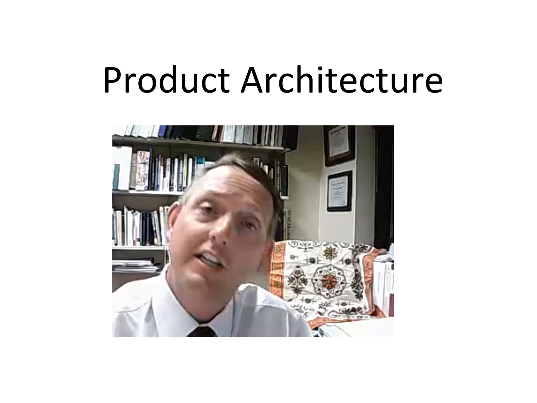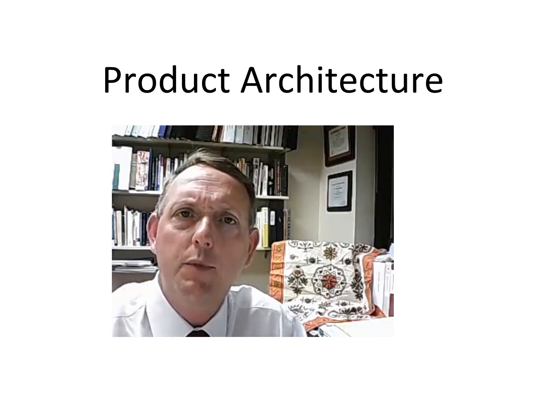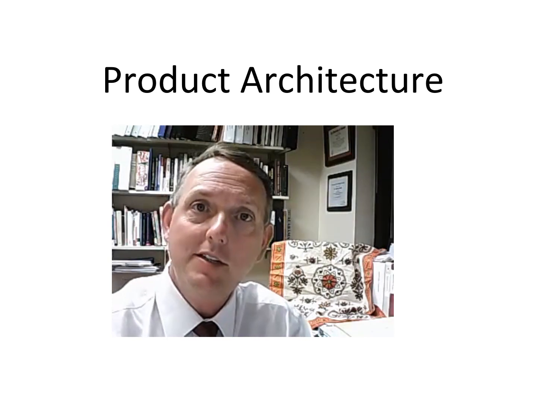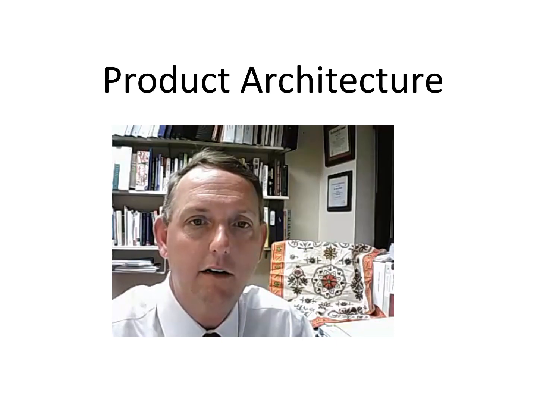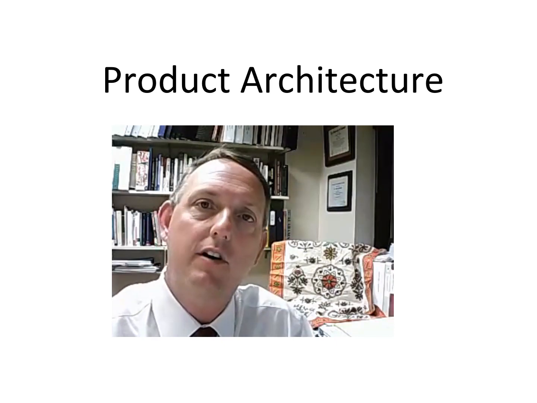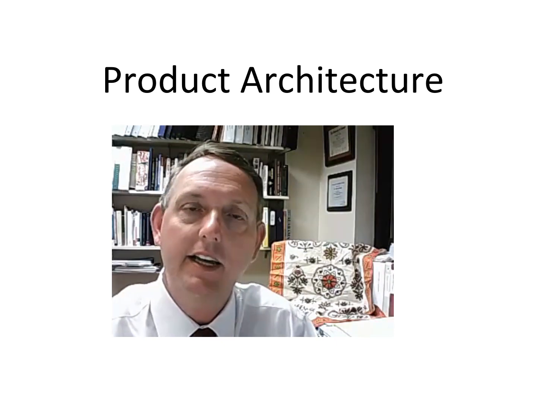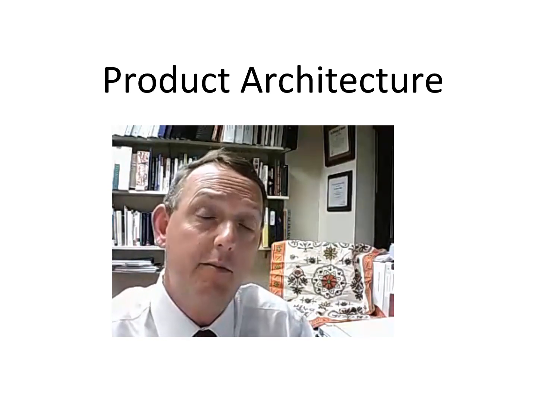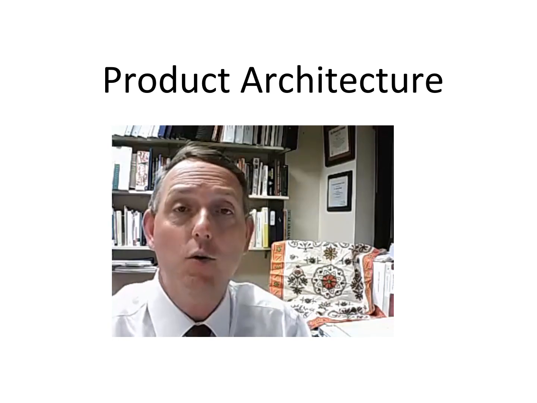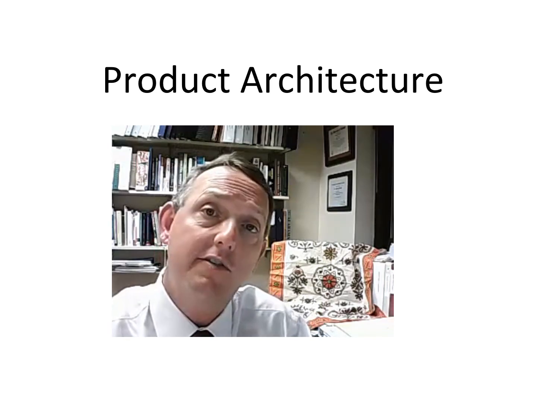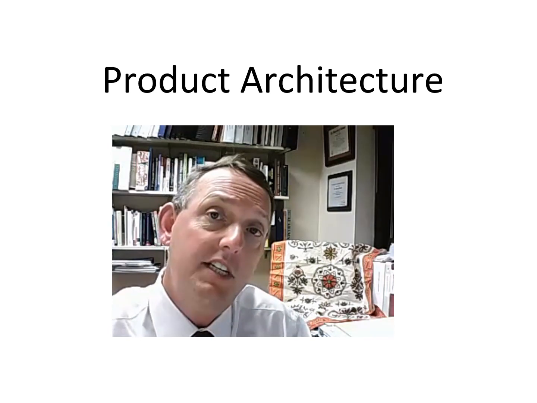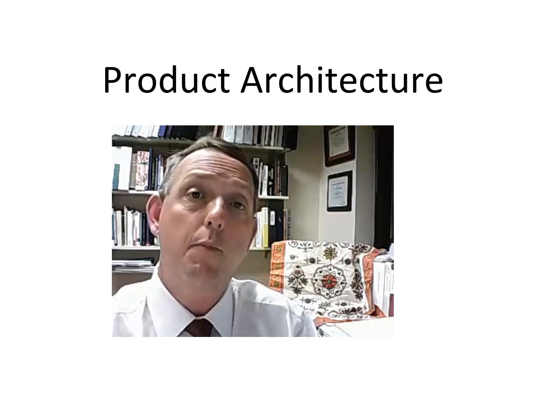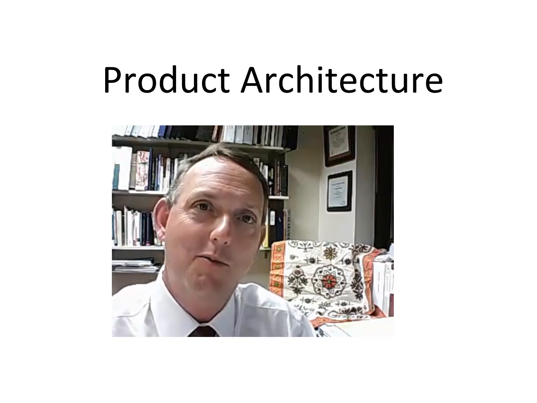So when you think about architecture, you think about buildings, building anything that involves lots of pieces, probably. And so if you think about it, a product is a bunch of pieces that have to be assembled together. What we want to think about are all the different pieces that come together to form parts of a building or parts of a product.